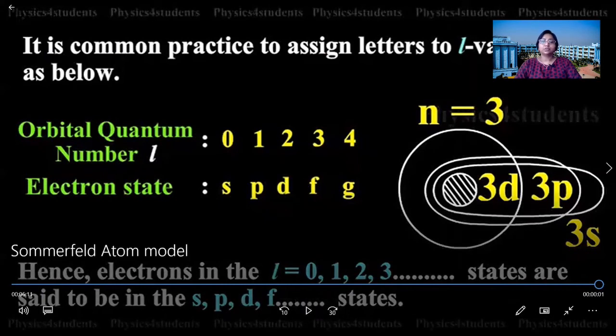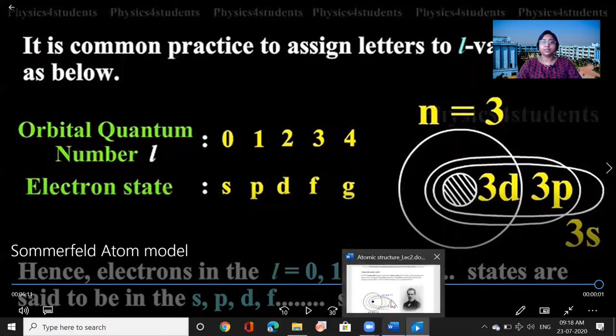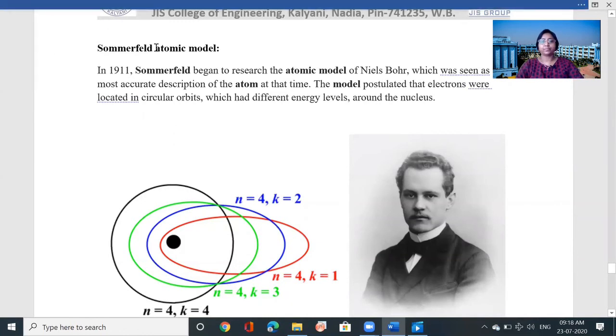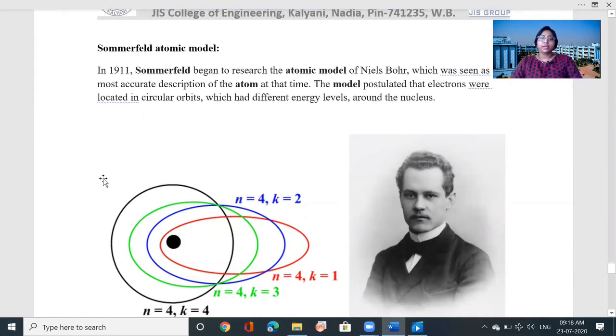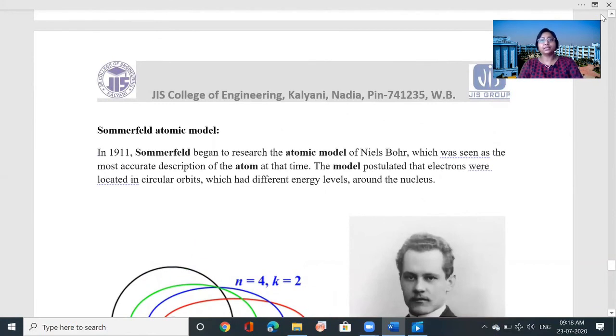Okay, so I hope that you have understood the Sommerfeld atomic model. If I summarize what you have learned today, you have learned lots of things basically. You have learned the application of Bohr's theory. You have learned to calculate the radius, the velocity of the electron, and also the energy.